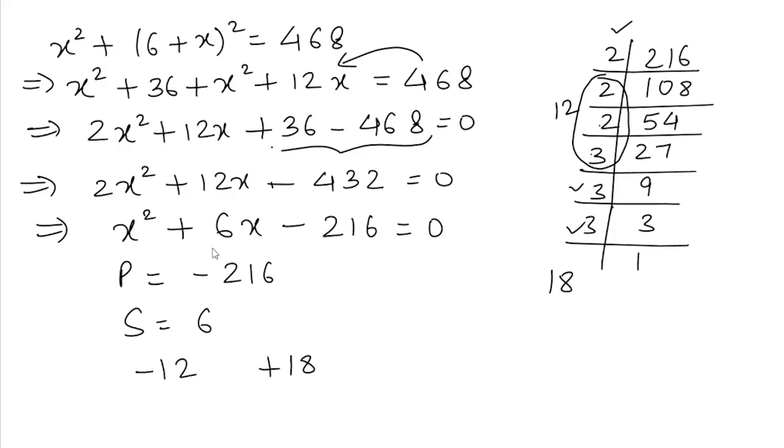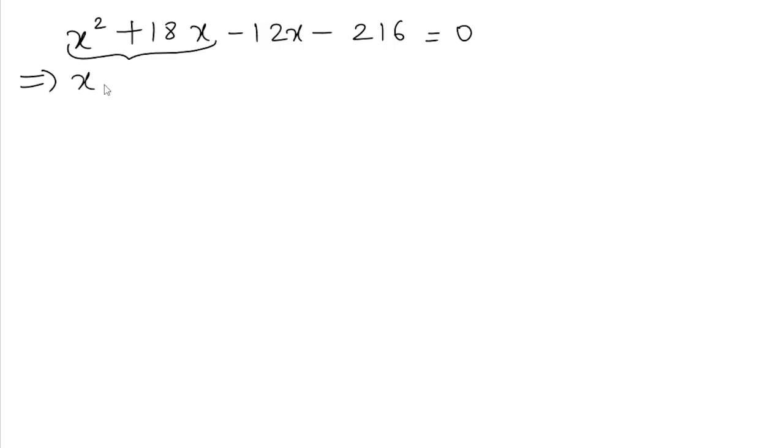So in the next step, I'm going to write this 6x as 18x minus 12x. So we have x square plus 18x minus 12x minus 216 equal to 0. We can take x common, and we will be left with x into x plus 18.